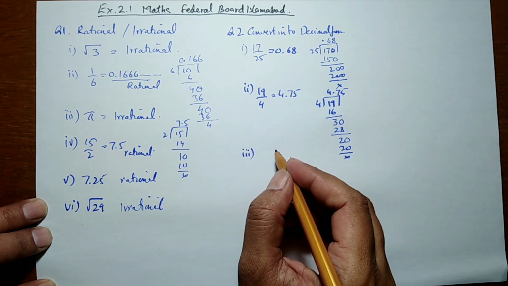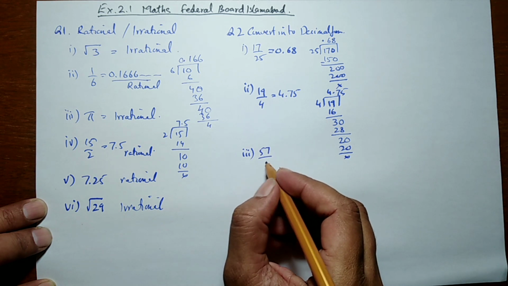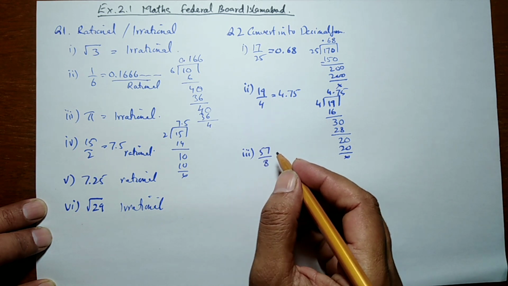Third, 57 upon 8, this is our third question.